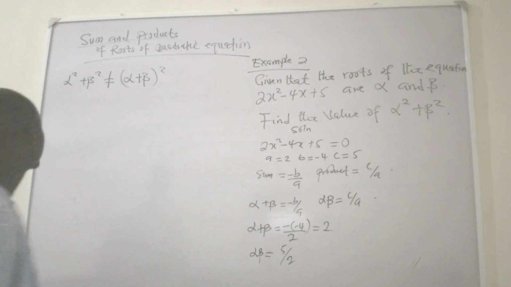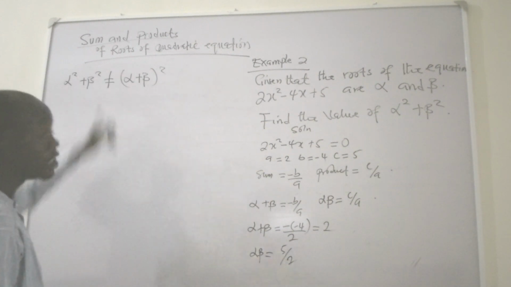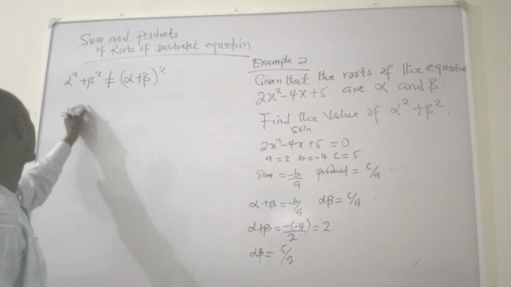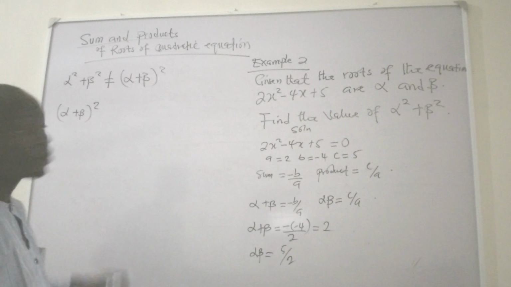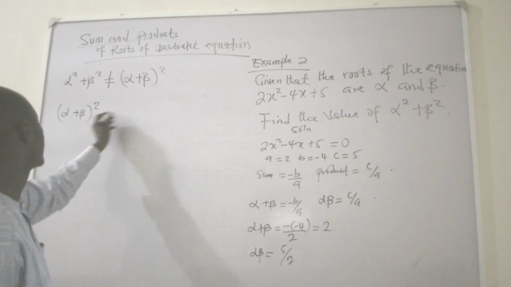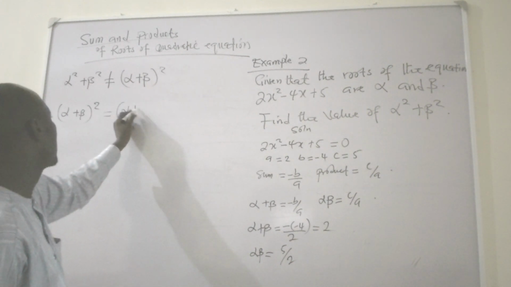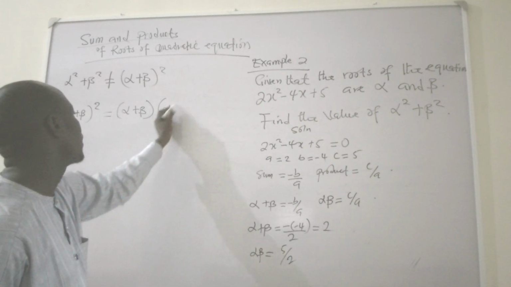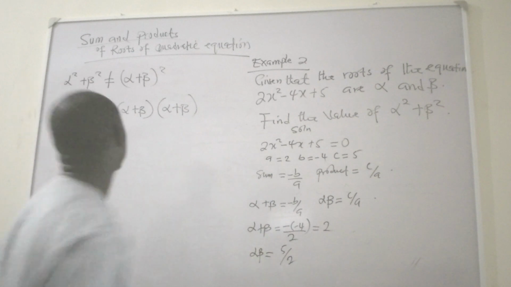So how are we going to get (alpha plus beta) squared? Let's just say alpha plus beta, then we square it. When we say alpha plus beta is squared, it means the same thing as (alpha plus beta) times another (alpha plus beta).